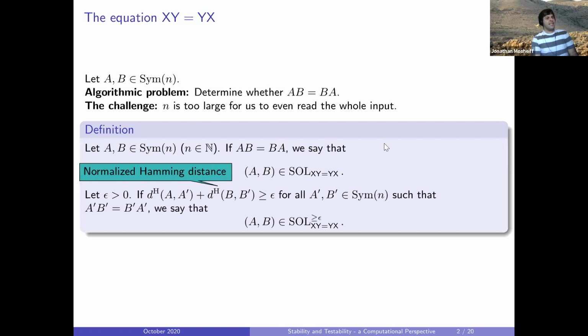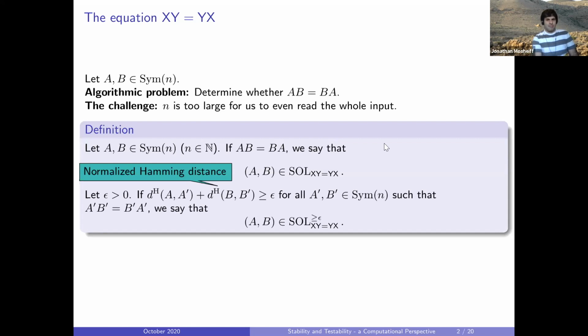And these are the pairs of permutations, A and B, such that they are epsilon far from any pair which commutes.